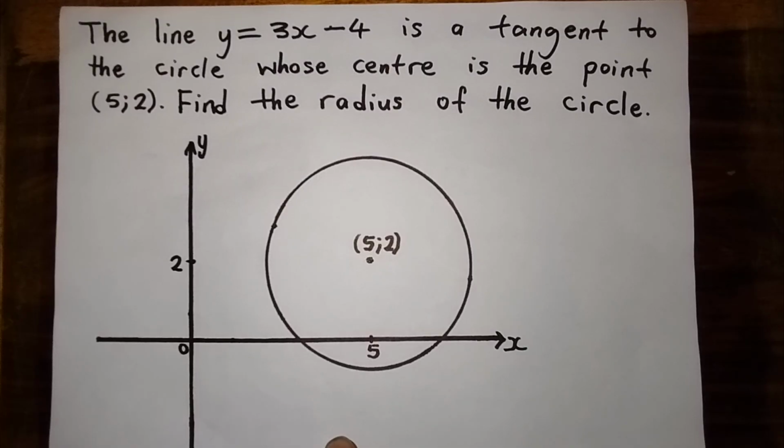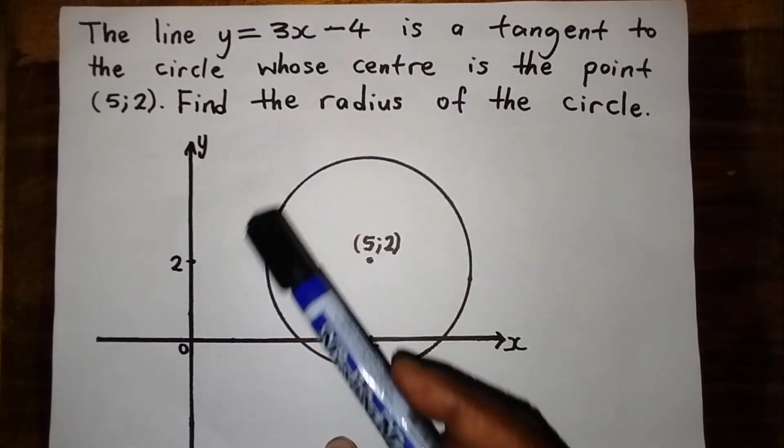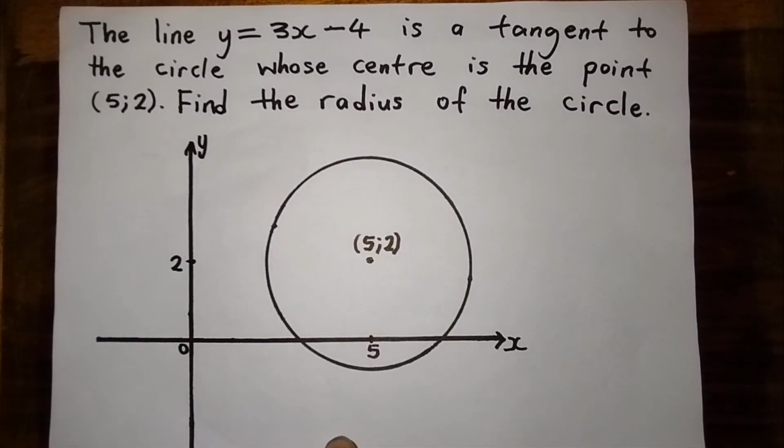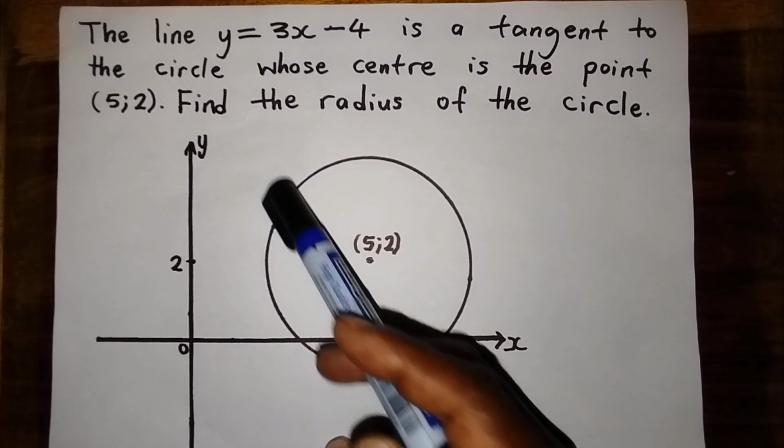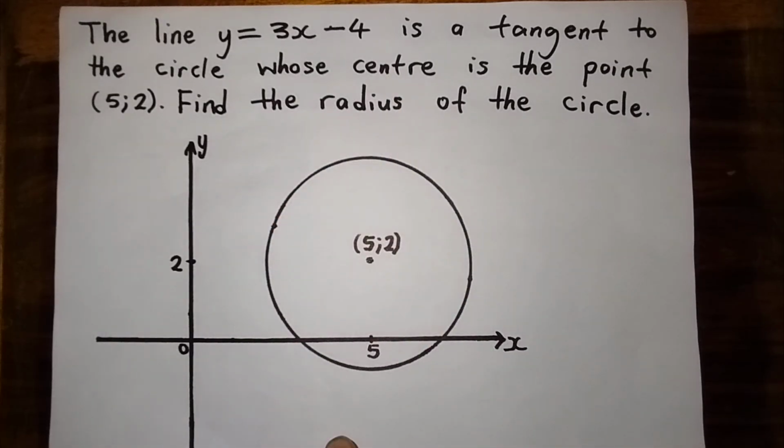Okay, so first of all, we want to sketch or to draw the line y equals 3x minus 4. And for us to do so, we must find the coordinates of the points where the line whose equation is y equals 3x minus 4 cuts the x-axis and the y-axis.